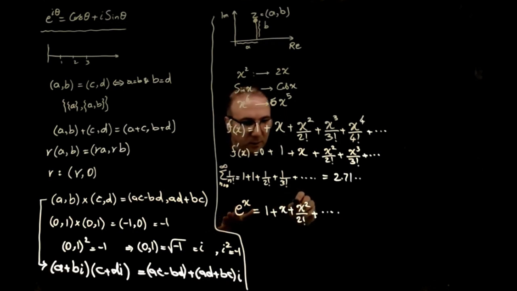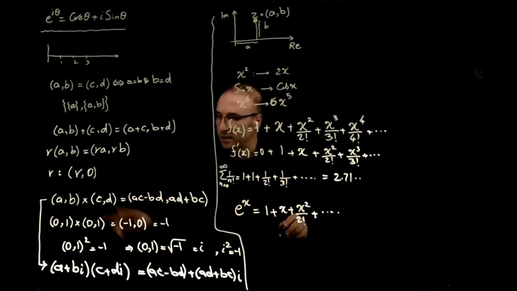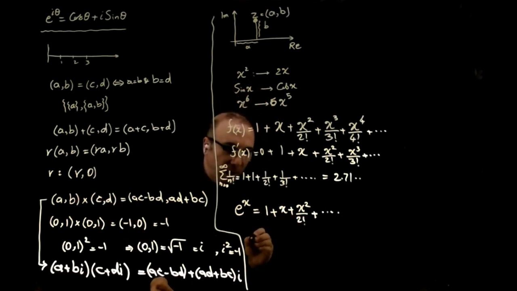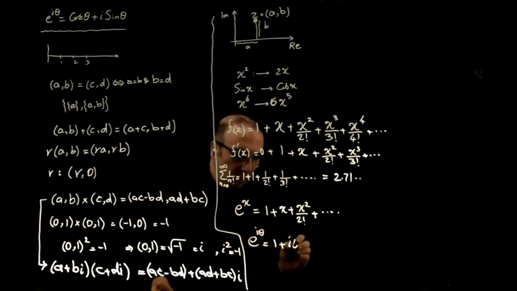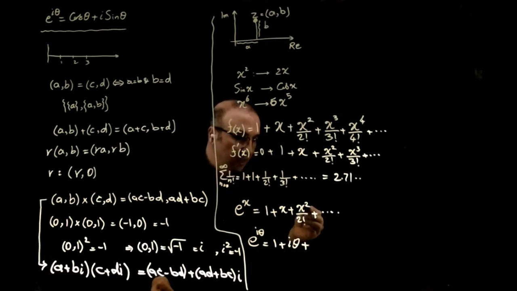Now, I have this multiplication, so I can generalize. I mean, what prevents me from putting a complex number here instead of a real number, and I use this multiplication in the sense of this ordered pair. So if I have e to the power of i theta, then it would be 1 plus i theta plus i to the power of 2 becomes negative, right?